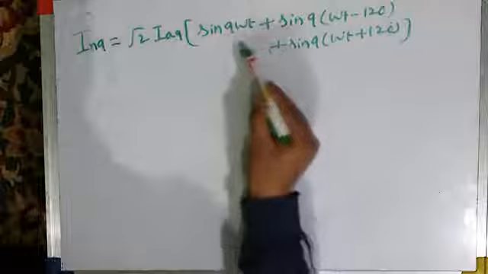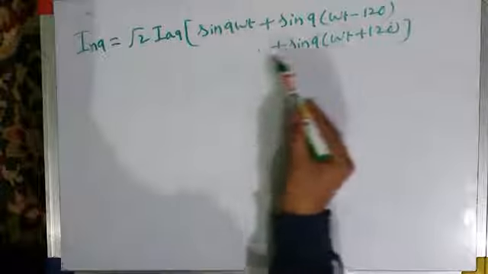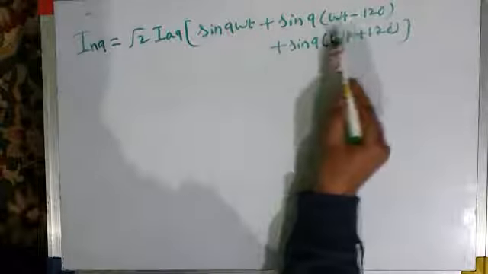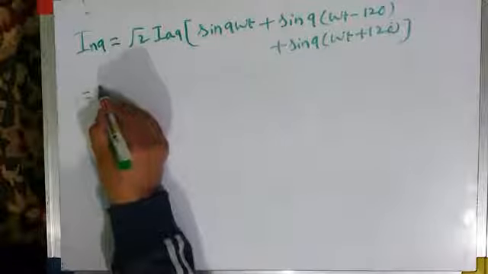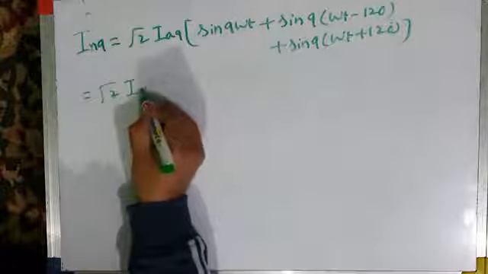So this is the sum of the ninth harmonic component of currents flowing in all three lines, line A, line B and line C.